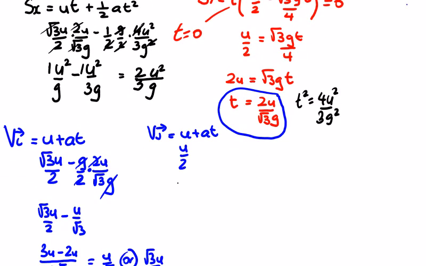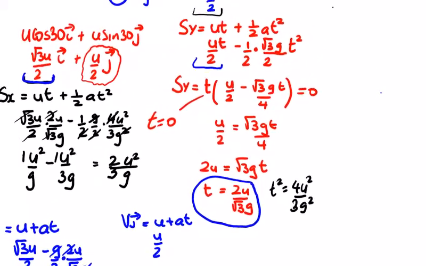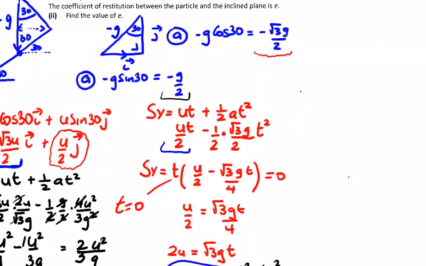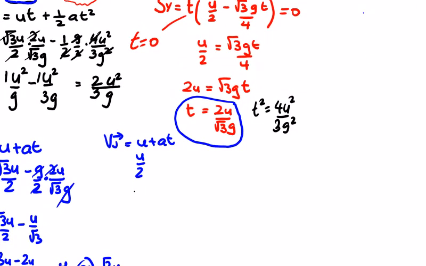The acceleration in the j direction was minus root 3 g over 2, times the time taken to get there, which was 2u over root 3g. The root 3's and the g's will cancel, as will the 2's. So we get u over 2 minus u, so it's a half u minus a full u, which is minus u over 2.